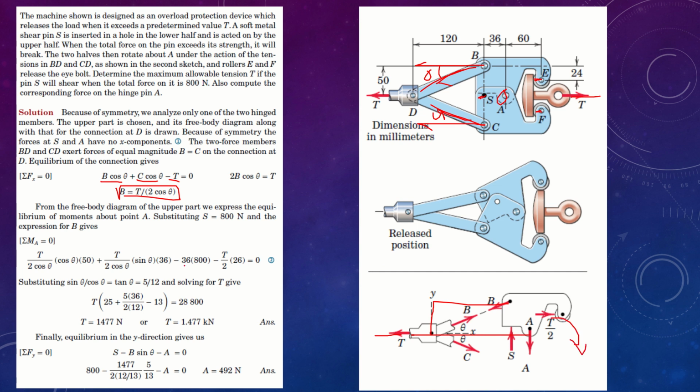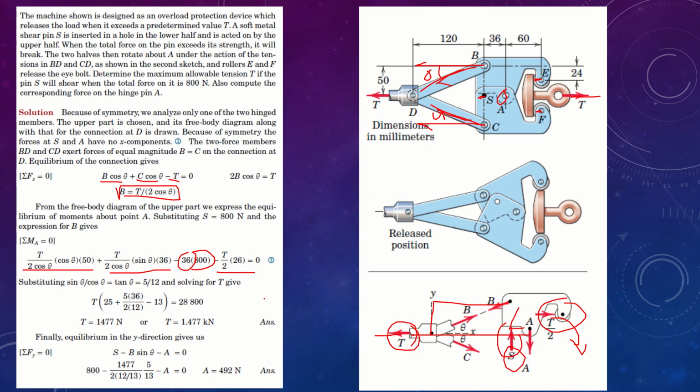As a result, there is going to be another force coming due to S causing rotation from this length, and you have this one moment from the A. This moment is generated from T right here, and this 36 times 800 is coming from S, and this 26 is coming from B times 26.